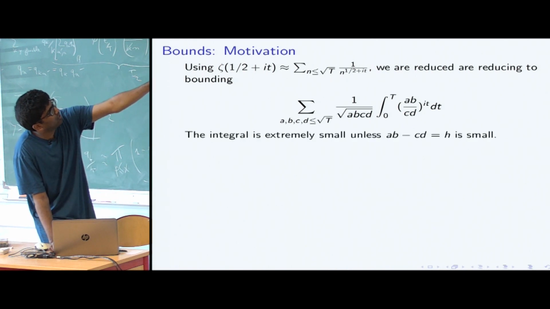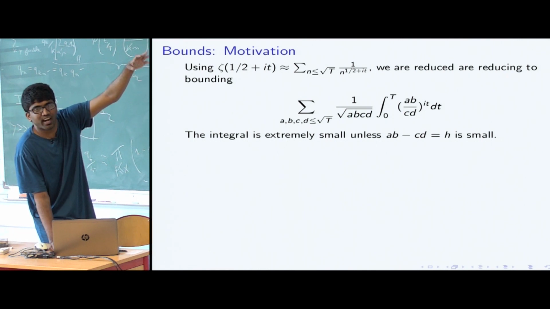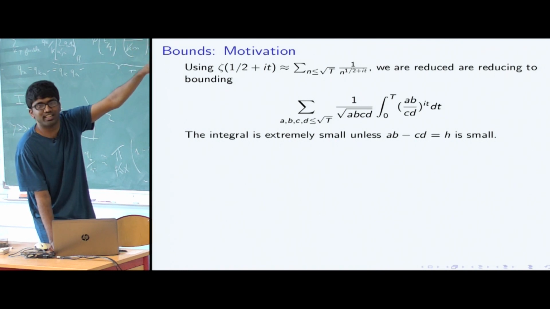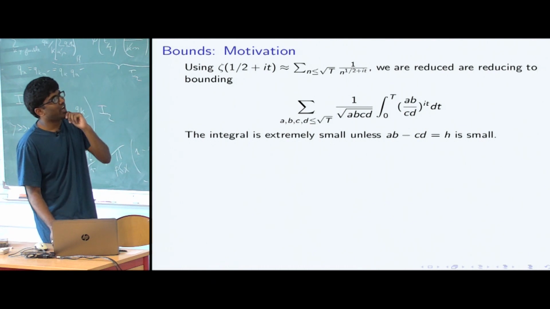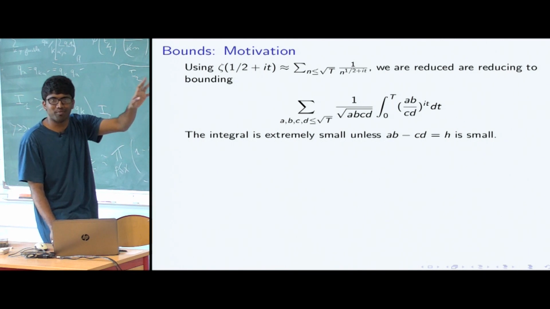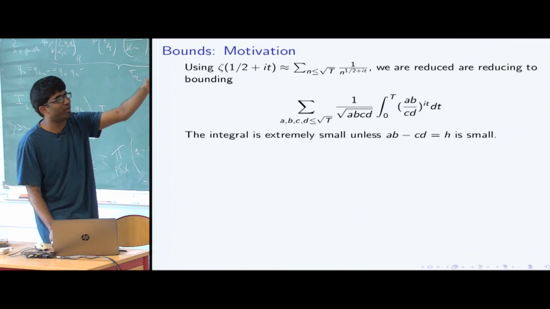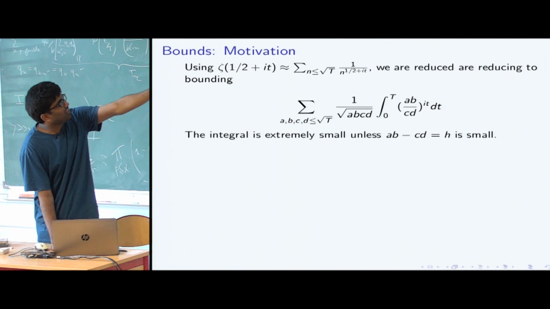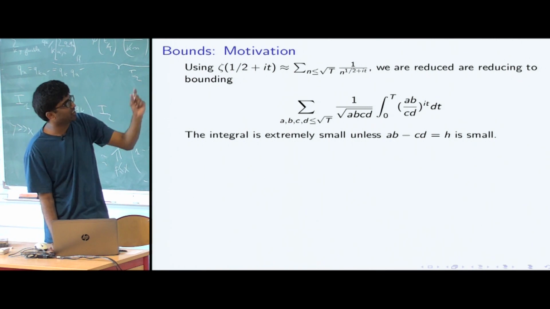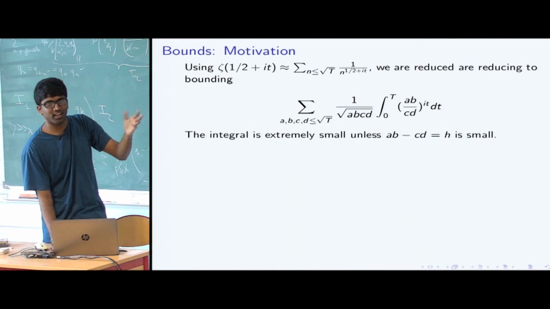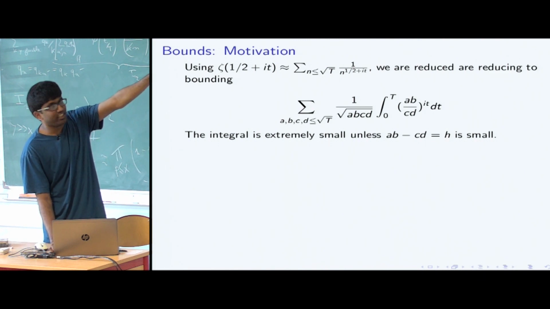In this expression, there's an integral from 0 to T of (ab over cd) to the it, and that integral is extremely small unless ab minus cd is small. I'm not telling you what small is; I'm being very vague, depending on the problem. So unless the difference between ab and cd is small, the integral is very small.